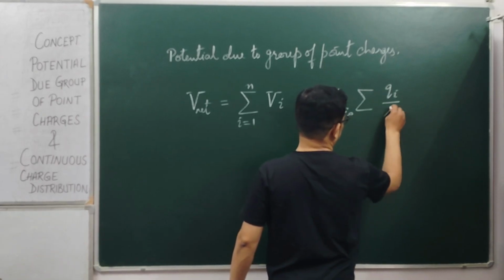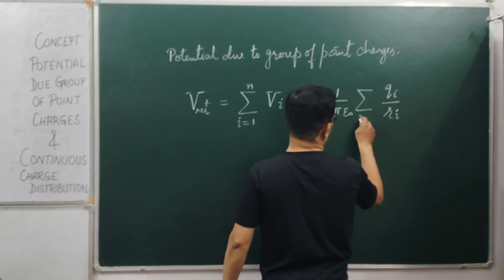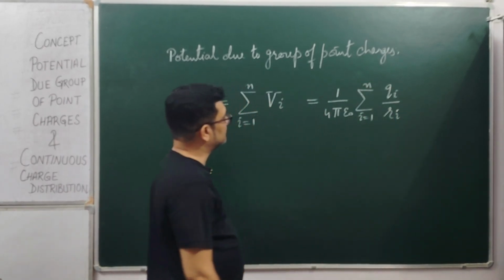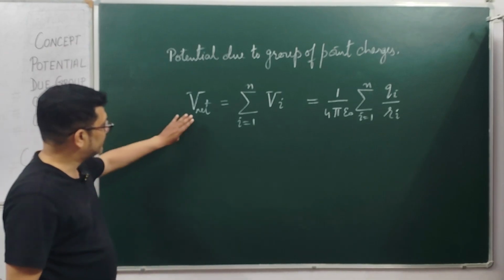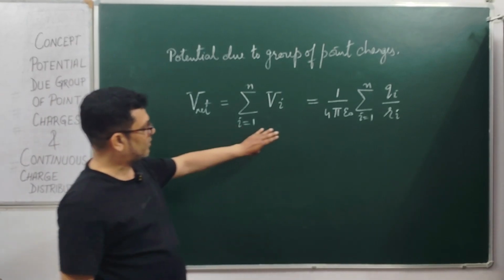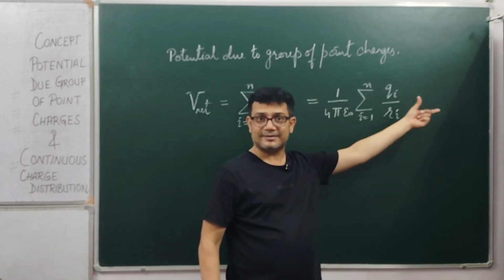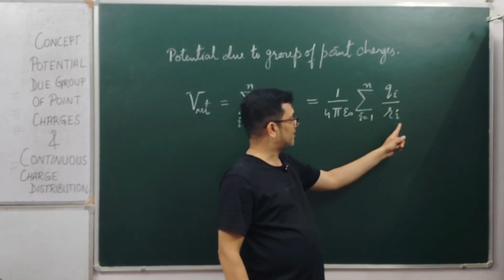Qi appears in the numerator, Ri in the denominator, and this is the generalized equation. So net potential is 1 over 4 pi epsilon naught times the summation, meaning we add up the separate Qi over Ri.